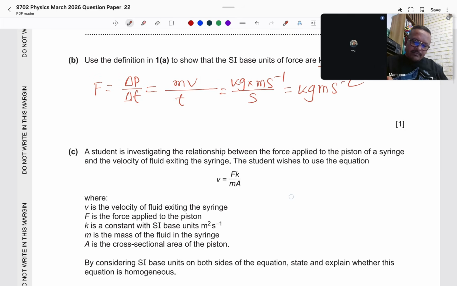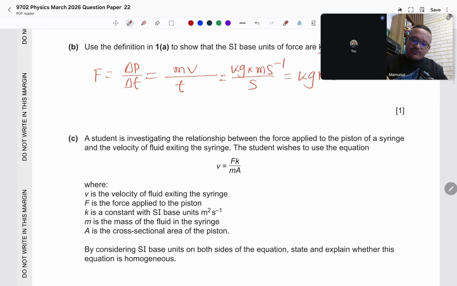A student is investigating the relationship between the force applied to the piston of a syringe and the velocity of the fluid exiting the syringe.